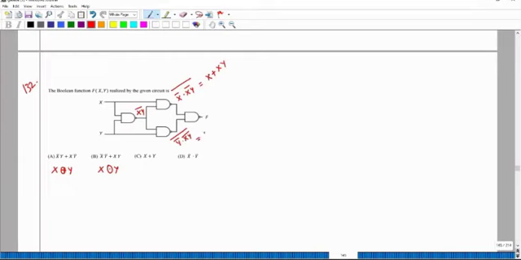This I can write as Y plus XY. So if we take X common, I will get X. If I take Y common, I will get Y. So this is X, this is Y. So answer is F is equal to X, Y whole power.